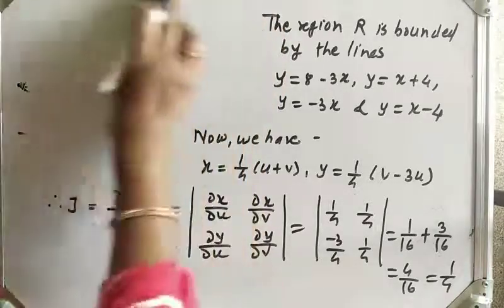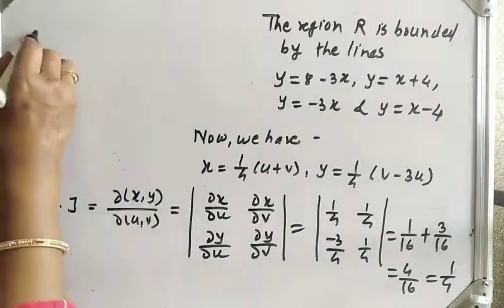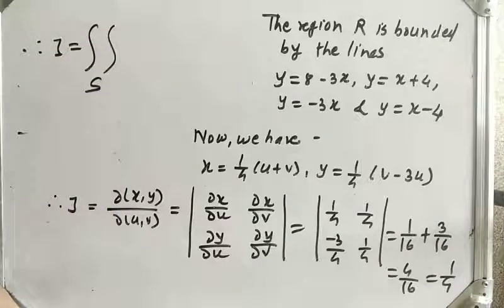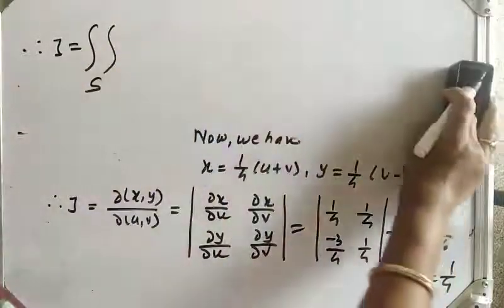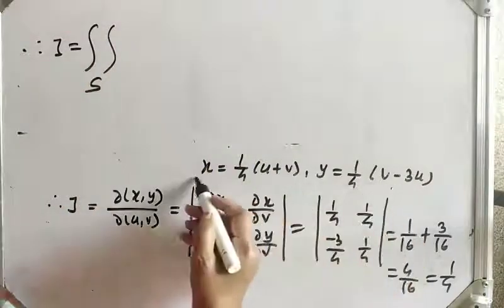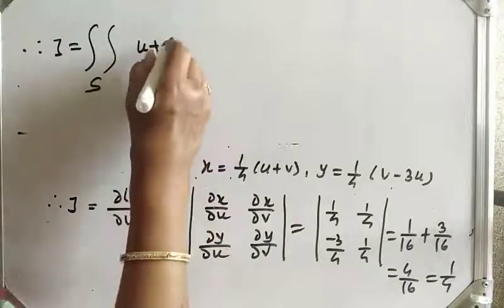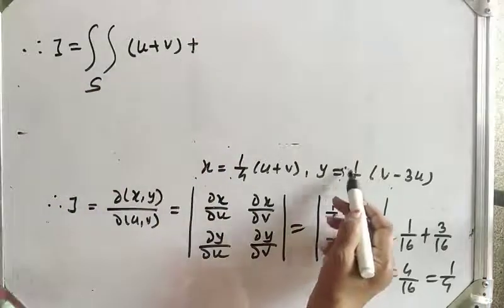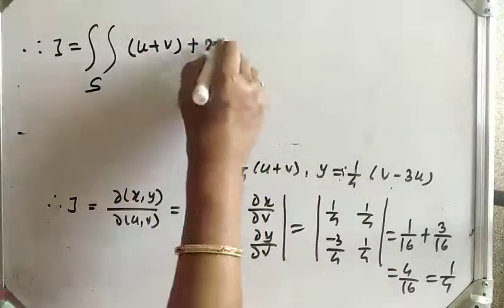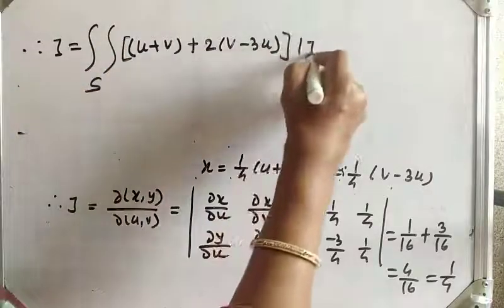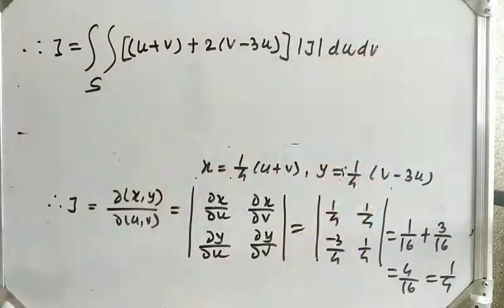Therefore I is equal to the double integration over region S of 4x plus 8y with our transformation. So 4 into x, the 4 cancels, giving u plus v; and 8 into y, 8 upon 4, gives 2 times (v minus 3u), times mod J du dv.